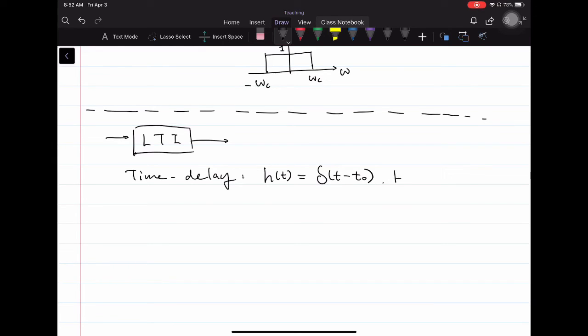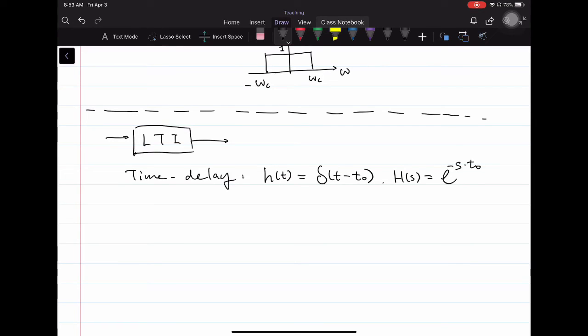So the corresponding transfer function is going to be the Laplace transform of h of t, as we mentioned. And through the discussion we have above, since it's a time delay, it takes the form of this exponential function, right?